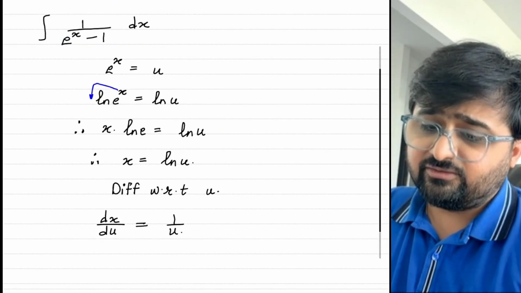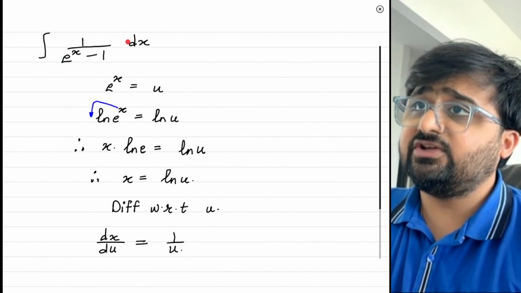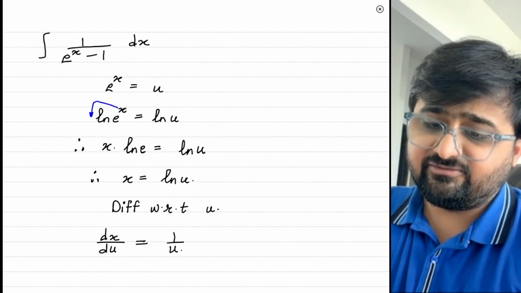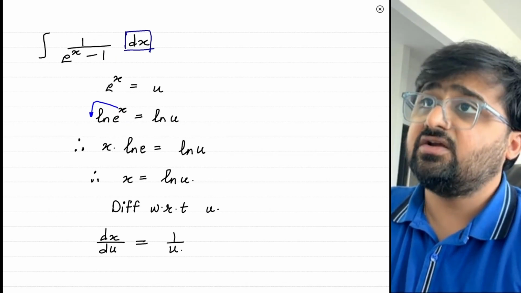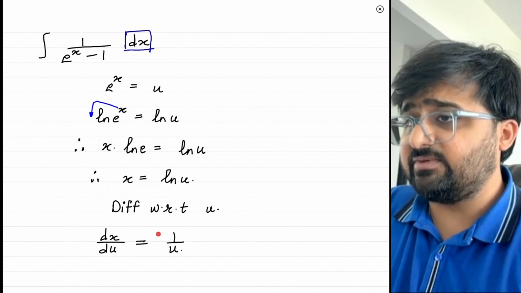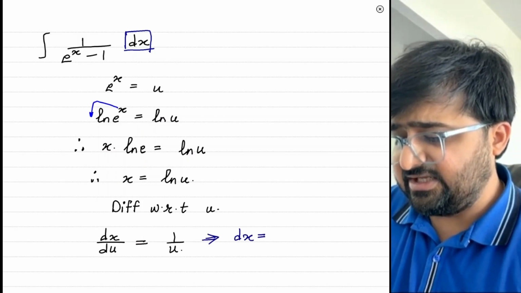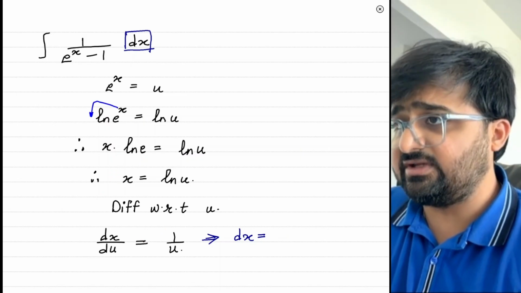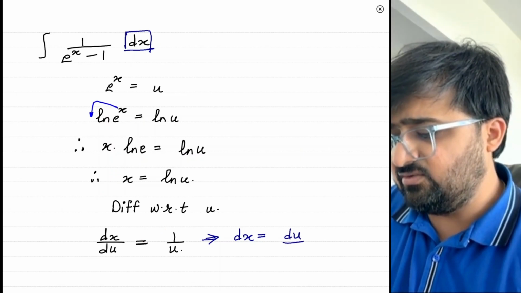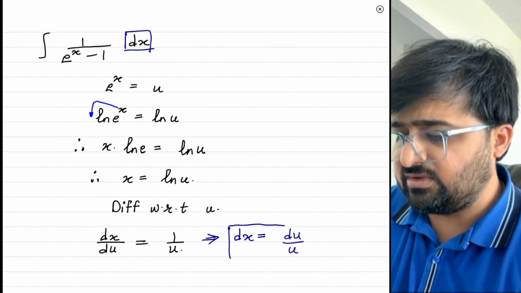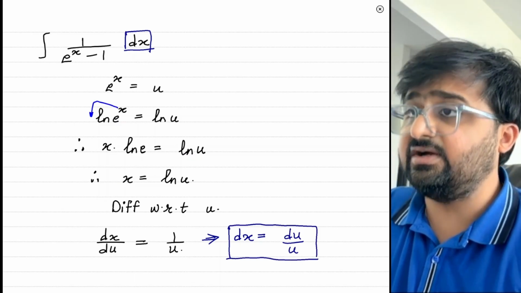Now, in order to convert that integral from the x world to the u world, we'll have to find the value of dx. From this equation, I can say that dx is nothing but, you just multiply du on the right hand side, du divided by u. So that's the value of dx.